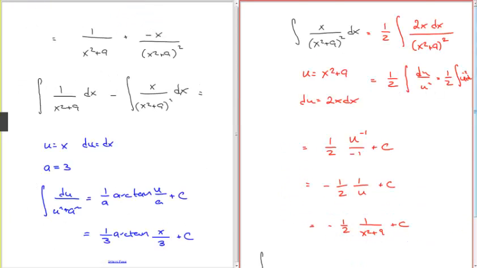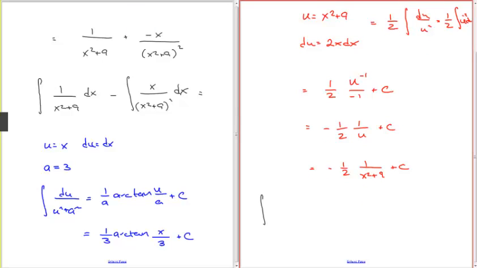So that integral, and actually I can look it up in the book here so that I don't have to go back. Anyway, problem 24 said, what is the integral of x squared minus x plus 9 divided by the quantity x squared plus 9 squared dx? Well, it's going to be equal to that integral.